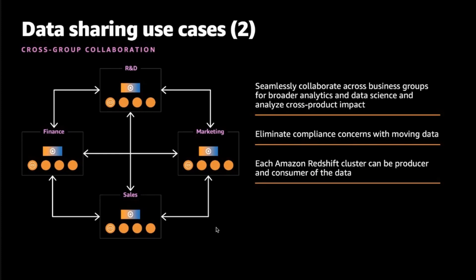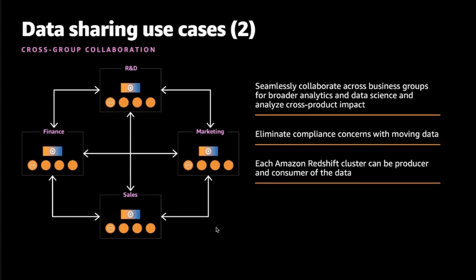Though they are separate Redshift clusters, separate Redshift data warehouses, they all need to share data. And typically the need is because they want to collaborate with other business groups for broader analytics and data science, or they might be launching some new product and they need to do cross product analysis.